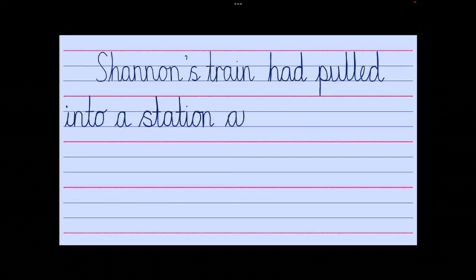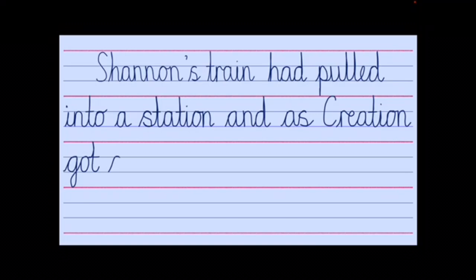And as creation got on, and we'll put a comma there to hear the next bit of the sentence. Comma. She dropped a flute case. Drop.